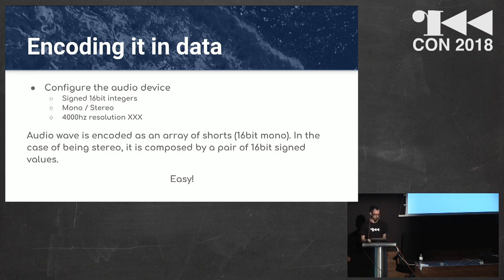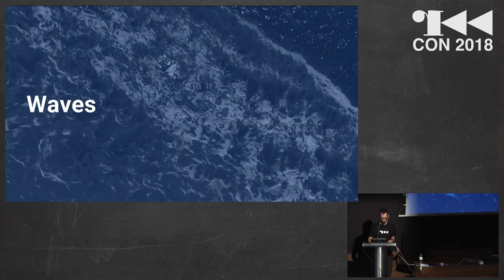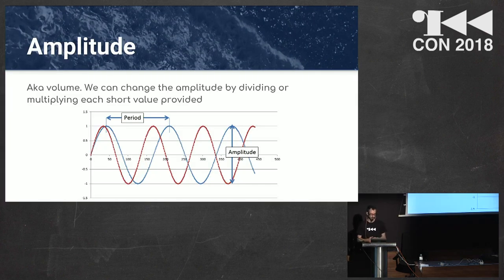And then we have the resolution in hertz. Resolution means how fast this buffer is read. And the faster we read, the better quality of sound we have, because there are more samples per second. So it seems easy, so let's give it a try. We also have to understand what amplitude is. Amplitude is how tall the wave is. So for example, if this is the value of 0, and this will be the signed integer, depending on whether it's 16-bit, 8-bit, or 32-bit values.